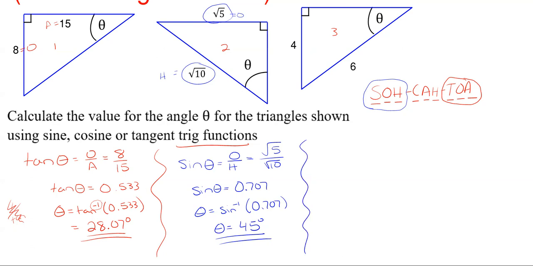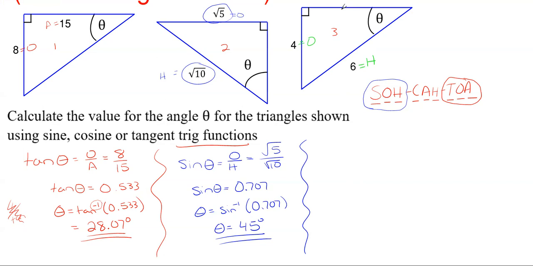All right, on to triangle number 3. Let's switch colors again. So with triangle number 3, we know the hypotenuse. And let's see here, we also know the opposite. So once again, we don't know anything about the adjacent side over here.